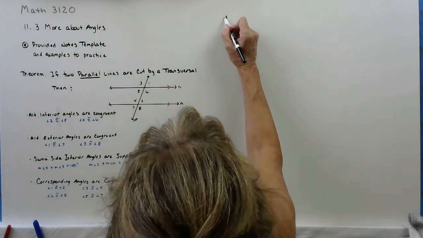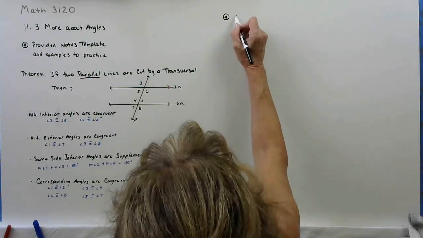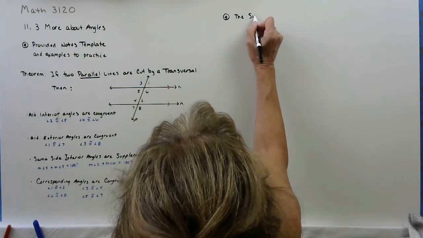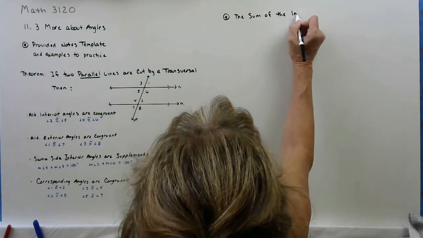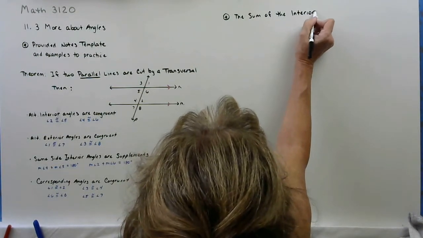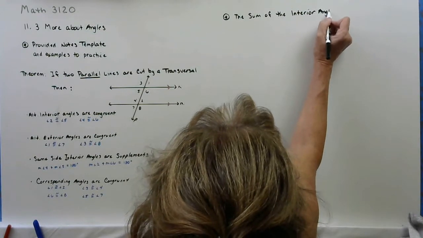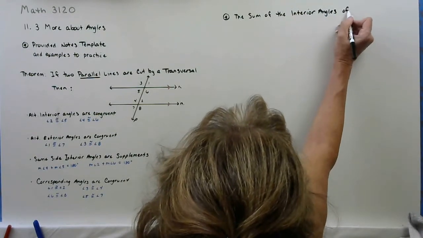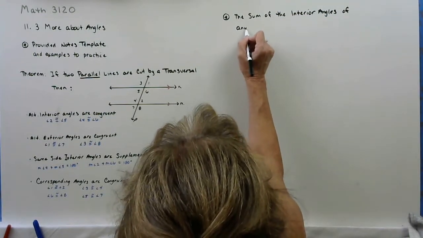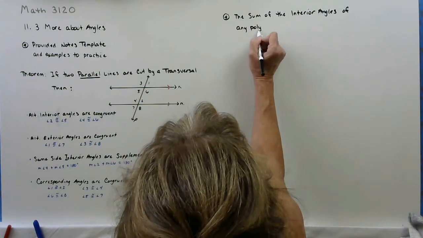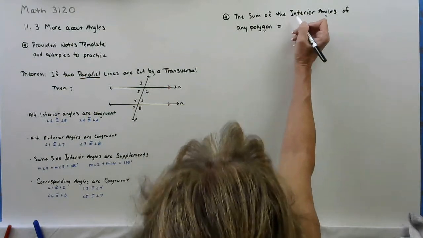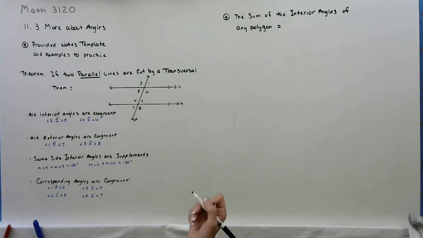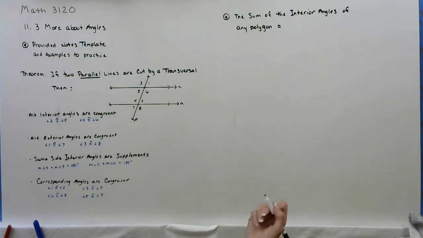We said the sum of the interior angles of any polygon, remember, we took the polygon and we divided it into a bunch of triangles.